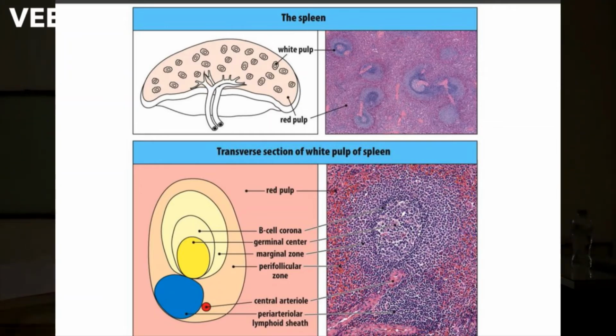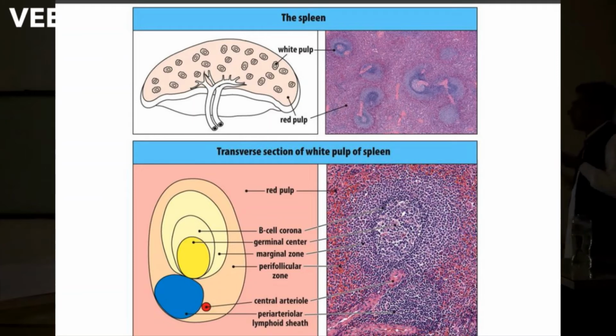Follicles are areas in particular structures where you can find the B cells, or the T cells.